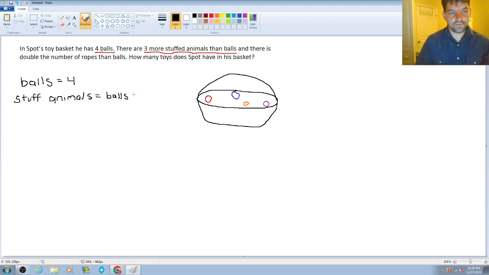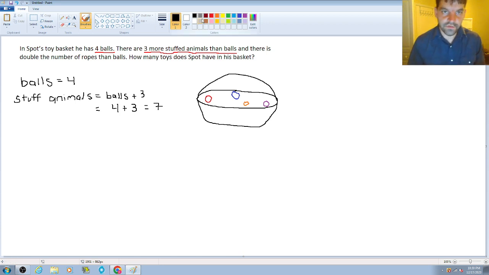So there's that. But the really great thing about that is we know how many balls are in the basket. So we already know what our value of the balls is. So what we can do is take this one step further and replace the balls in the expression above with the value 4, which means that the number of stuffed animals in the basket is 4 plus 3, or 7 stuffed animals.